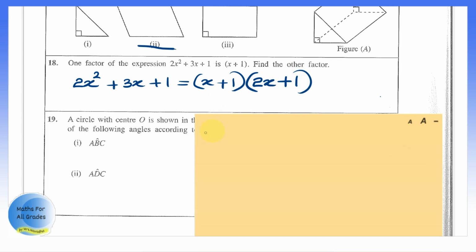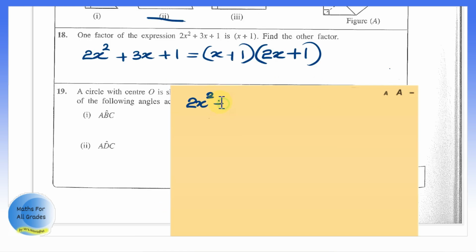So this is how I thought. 2x squared plus 3x plus 1 equals x plus 1 times the other factor. Now look at this factor. There is an x term and a constant term. Like that, there should be an x term and a constant term.